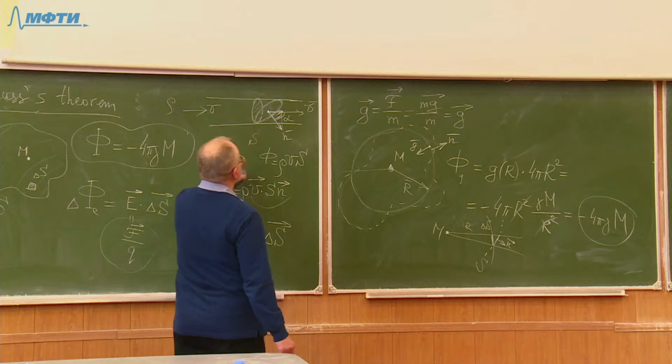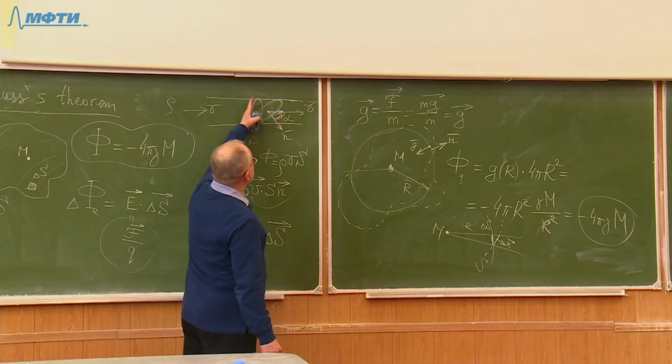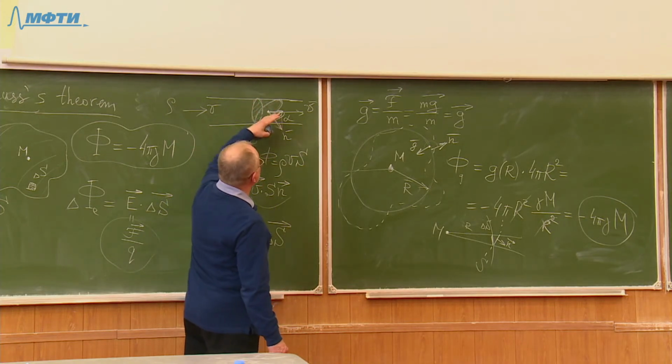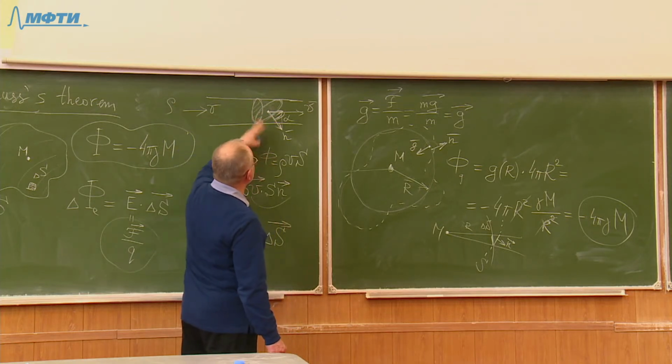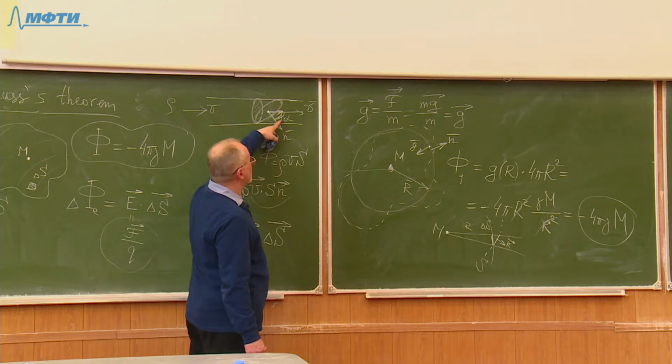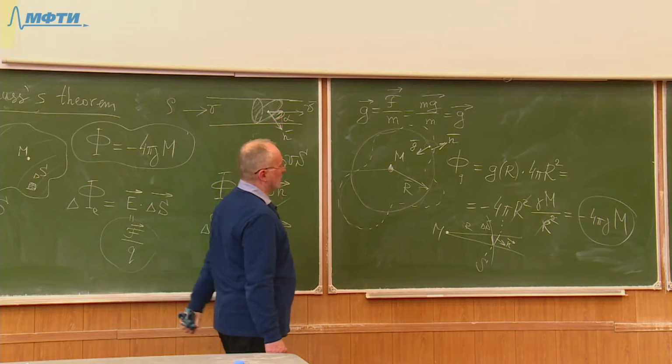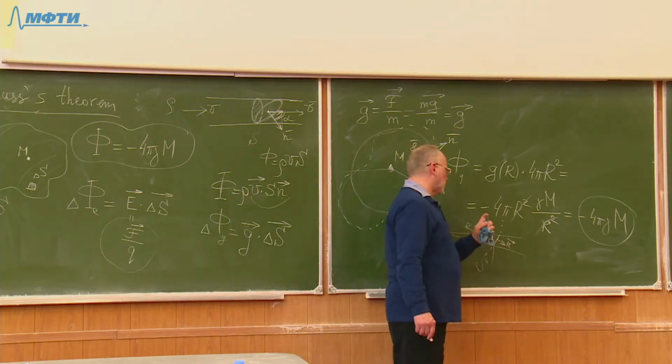And we have already seen that when we incline this surface, incline the section area at some angle, the result in calculating the flux will not depend on angle alpha. For any angles, the result will be the same. Certainly the same logic works here.